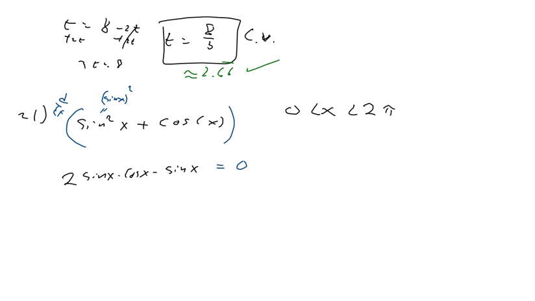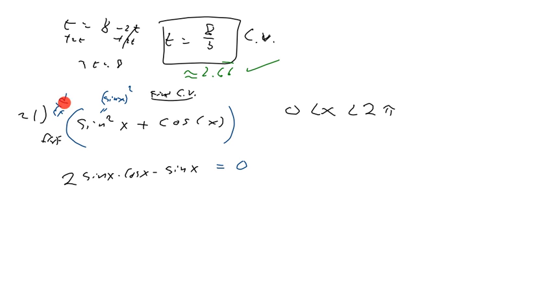So we have our function. This is f of x, our function. I want to find the critical values of this function. To find the critical values, they're the places where the derivative equals 0 or does not exist.